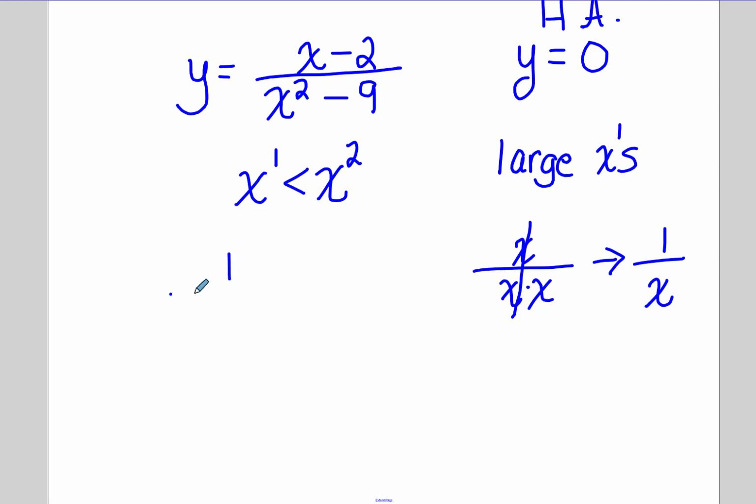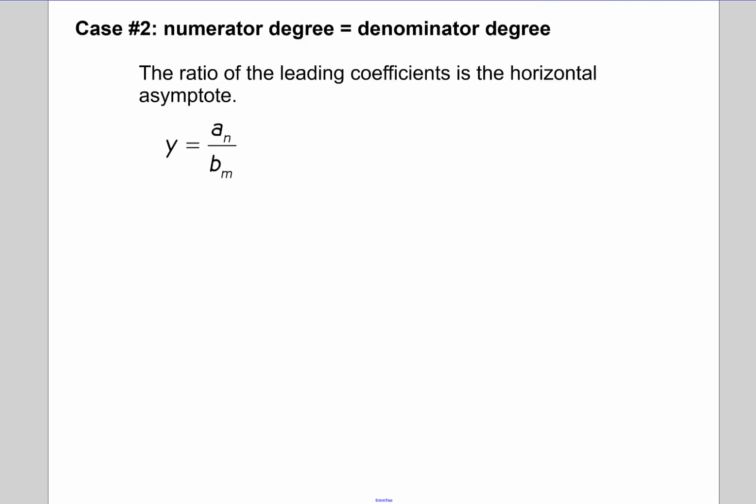And if that number on the bottom is super big, then that's roughly going to 0. Okay? So we're looking at the concept of limiting behavior when we think that way.